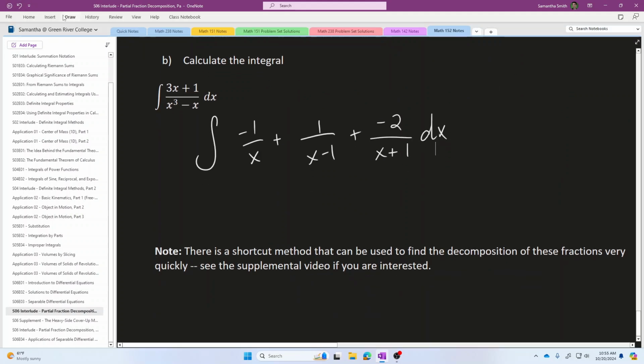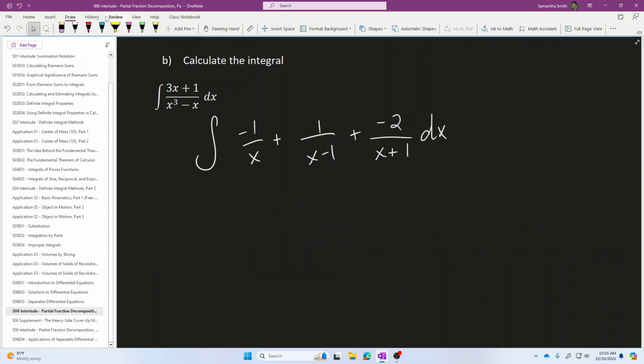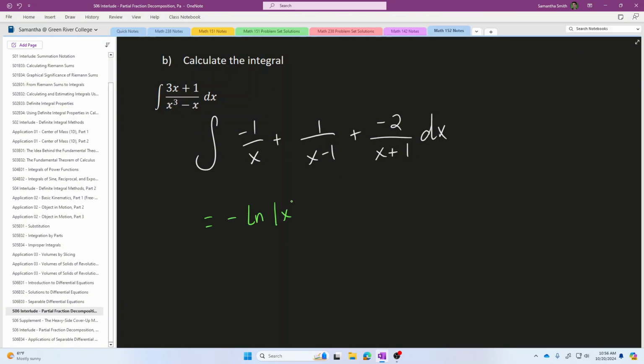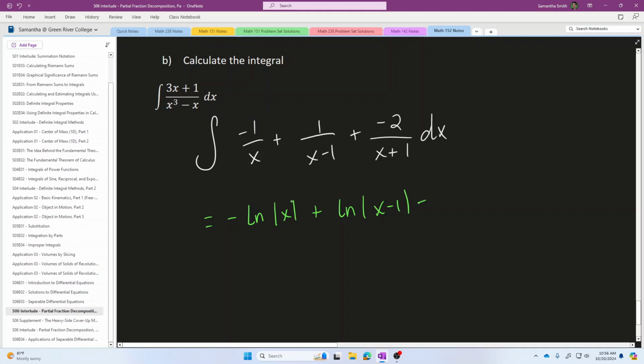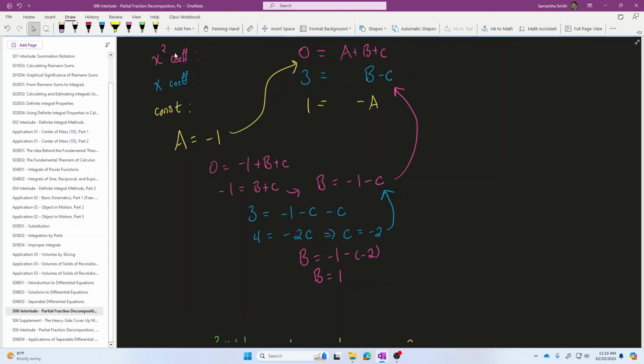And once again, this can be accomplished using just the integral formula related to natural log, as well as a couple of u substitutions for these second terms here. Negative natural log of x, natural log of x minus 1, and negative 2 copies of natural log of x plus 1 plus c. Quick correction here, I noticed I made an error.